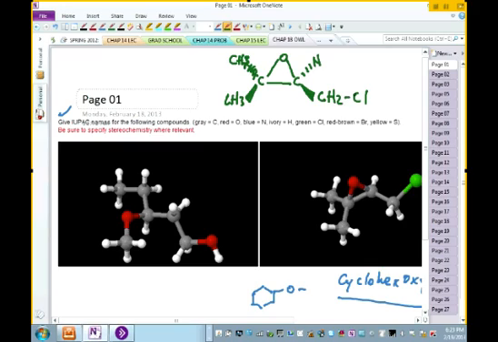Once again, you have the chlorine atom in this molecule, and you also now have the epoxy.